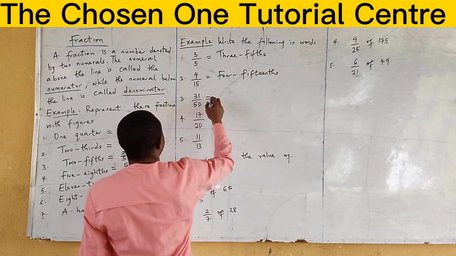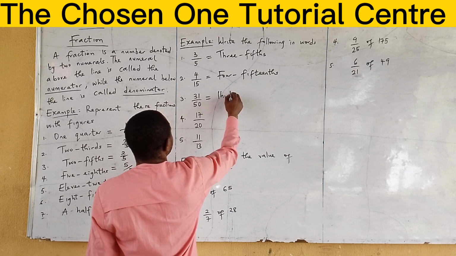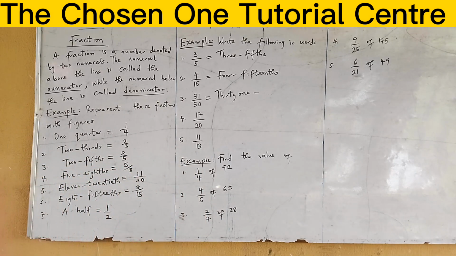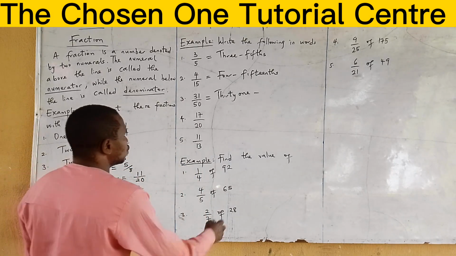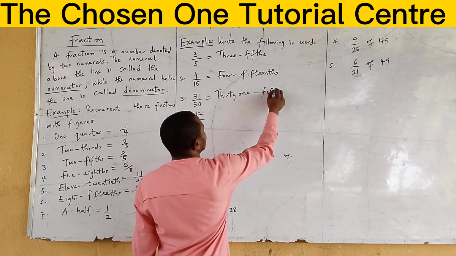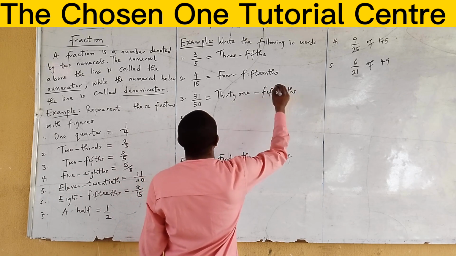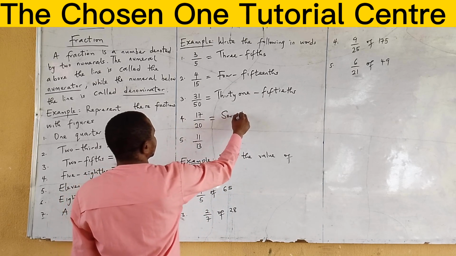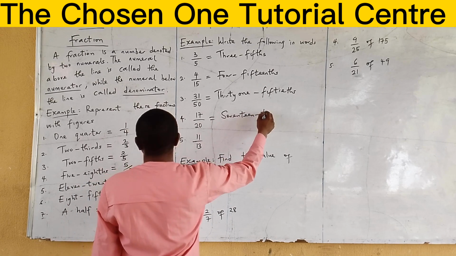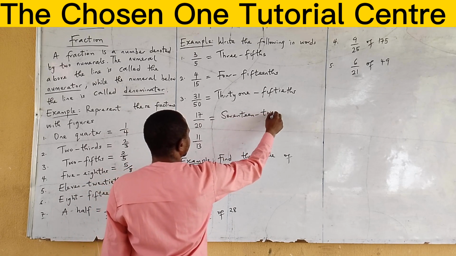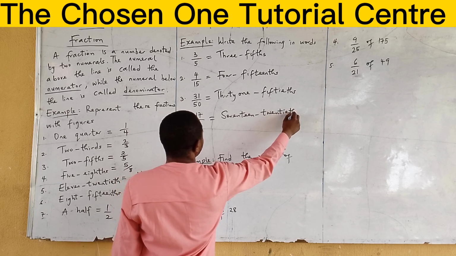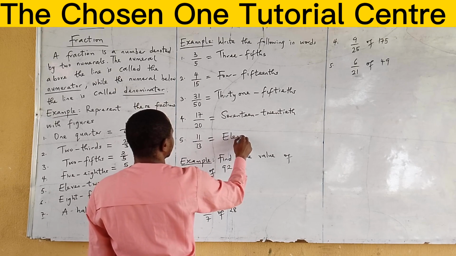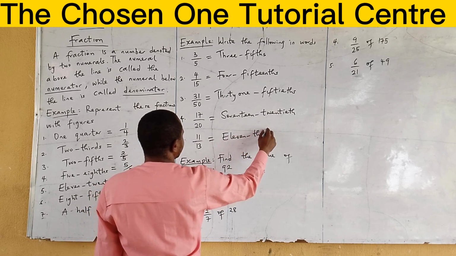Here we have 31/50. So then here we have 17/20. Here we have 11/13.